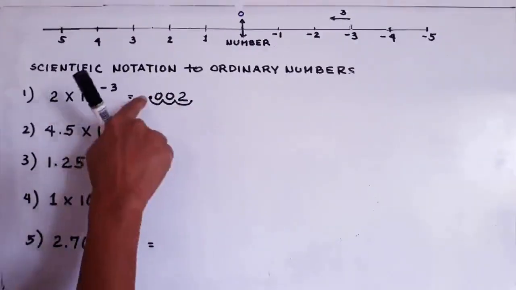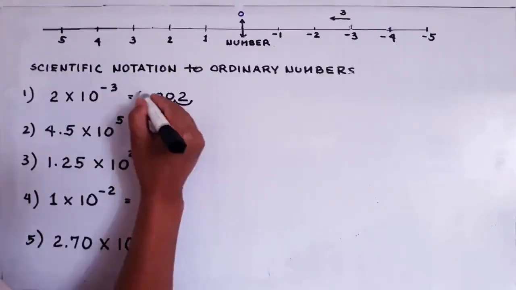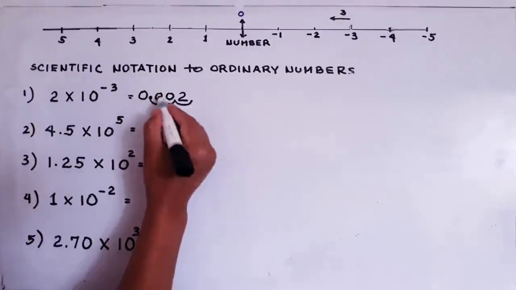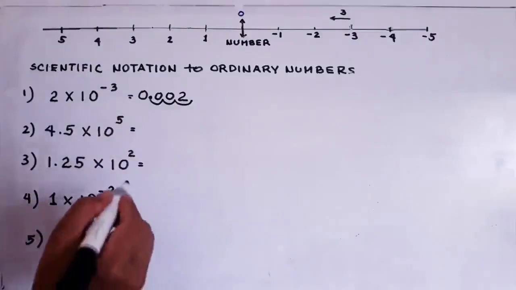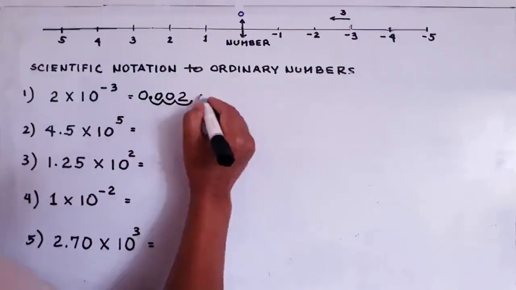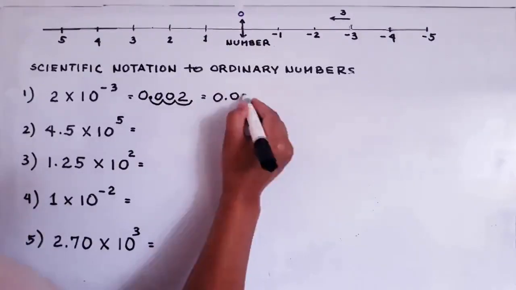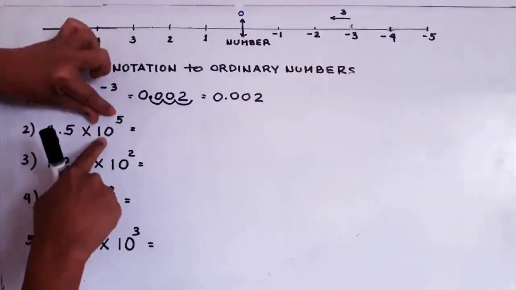So that is 0.002. It's better to have a 0 there. It is not counted, class. It's only the 0 here. But it's better to put the 0 before the decimal point in any decimal number. So here our final answer is 0.002.